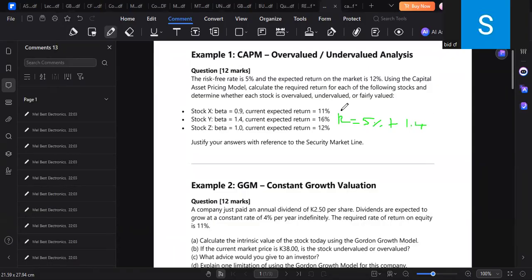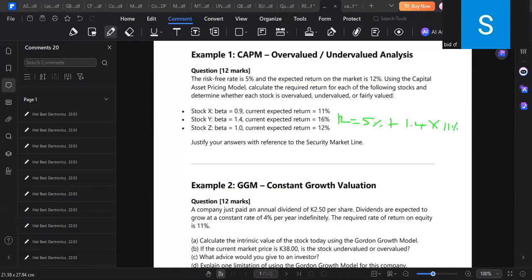And the risk premium. What is our risk premium? 16% minus 5% is what? 11%. So what do we get when we calculate that? We're going to get 14.8%.